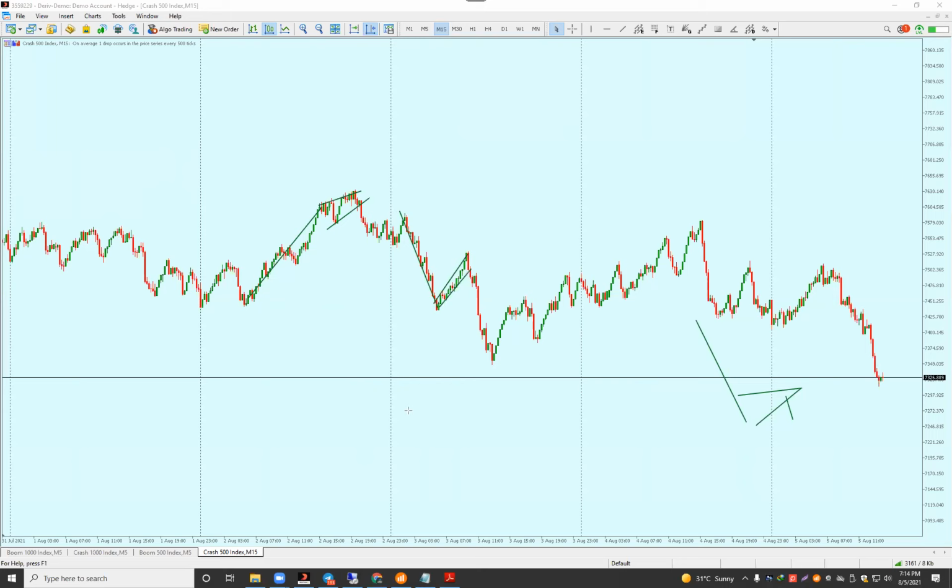One kind of pattern, right? Flag. Falling wedge, right? After a falling wedge, which is a reversal pattern, the market reverses back, right? Okay, good.